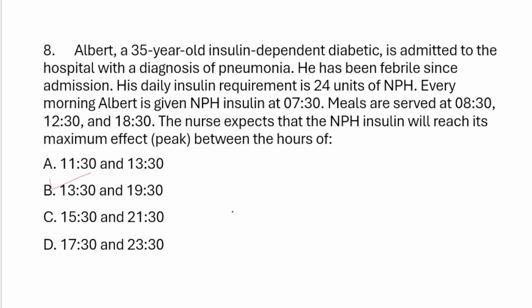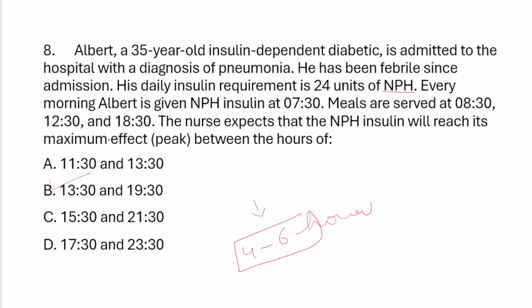NPH human insulin has an onset of insulin effect of 1 to 2 hours, a peak effect at 4 to 6 hours, and a duration of action of more than 12 hours. Very small doses will have an earlier peak effect and shorter duration of action, while higher doses will have a longer time to peak effect and prolonged duration. NPH insulin is an intermediate acting insulin, so the peak level will always be 4 to 6 hours after giving insulin.